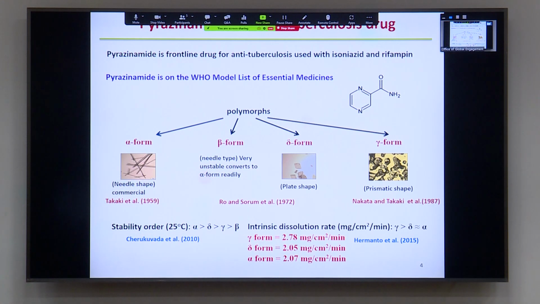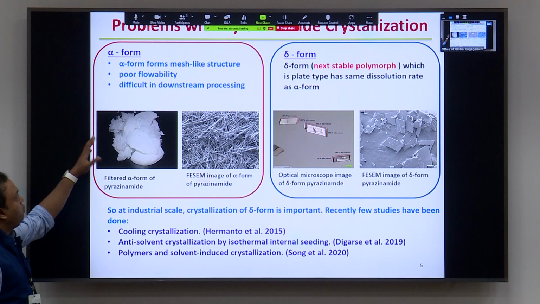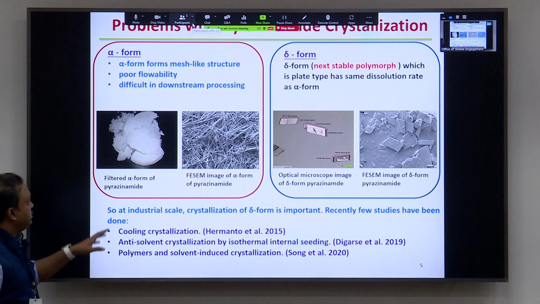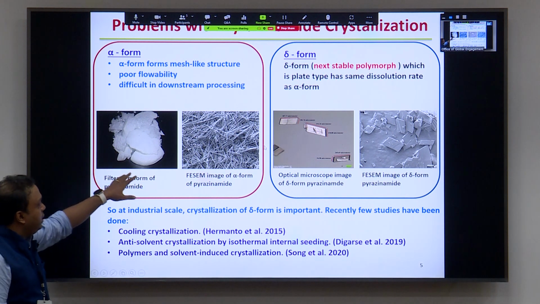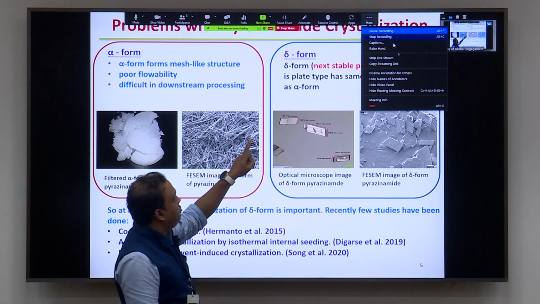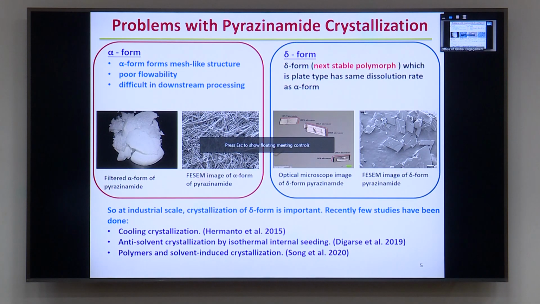The commercially available alpha form generally forms a mesh-like structure, which causes difficulties in pharmaceutical industries, like poor flowability and downstream processing. Here you can see the filtered alpha form, which has formed a mesh-like structure, and here we have the SEM image. The next stable form is the delta form, which is a plate-type form.